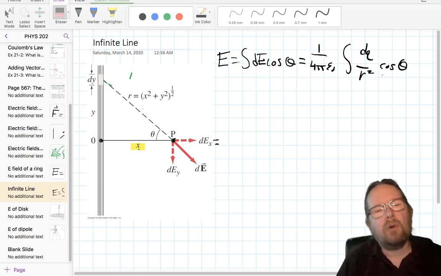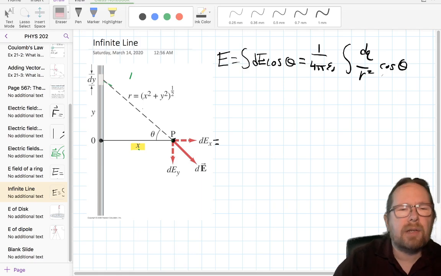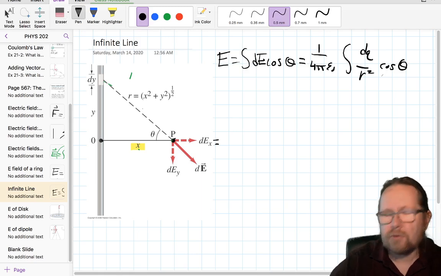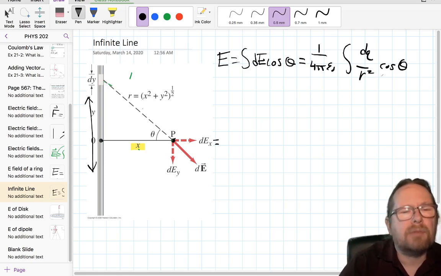Okay, so I want to go over that same example again, only I'm going to do it the way the example in your book does it, which is to do the integral instead of an integral that integrates over dx from the point of view of the line. In other words, you're capturing all the charge by integrating dq up and down the line from minus infinity to infinity.